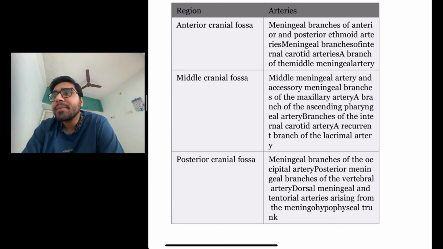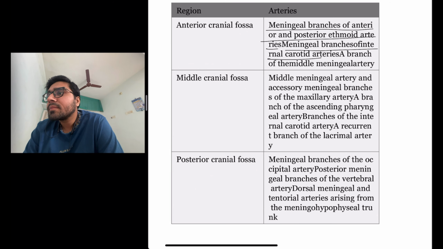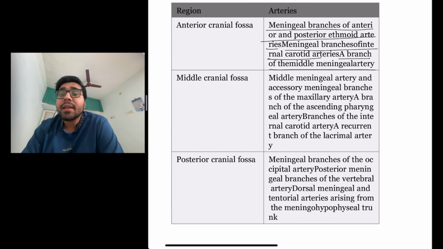Its blood supply is meningeal branches of anterior and posterior ethmoidal arteries, meningeal branches of the internal carotid arteries, and a branch of the middle meningeal artery. So these three are the blood supply of the anterior cranial fossa.